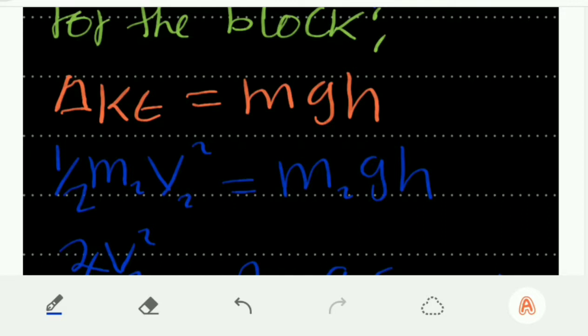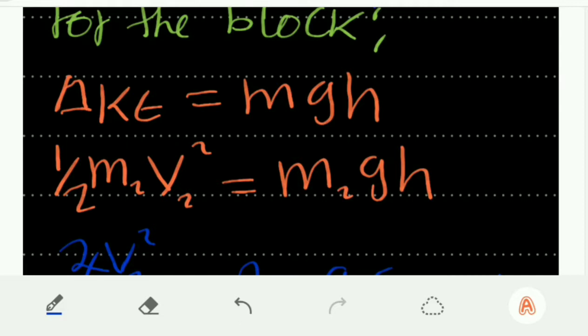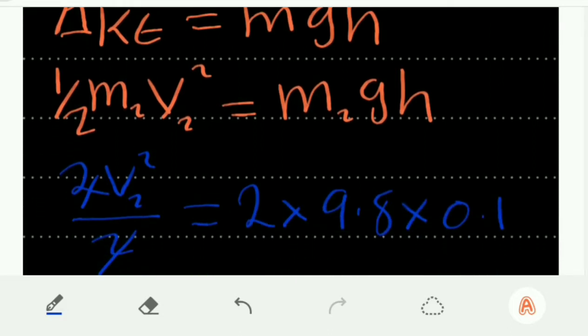Therefore we simply have half m2 v2 squared equals m2 g h. When you look at this equation, you can easily tell that we can find v2 from this.